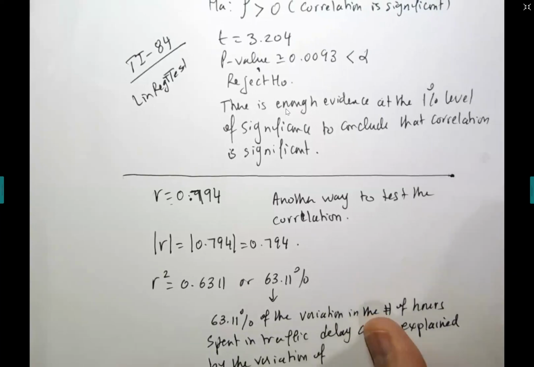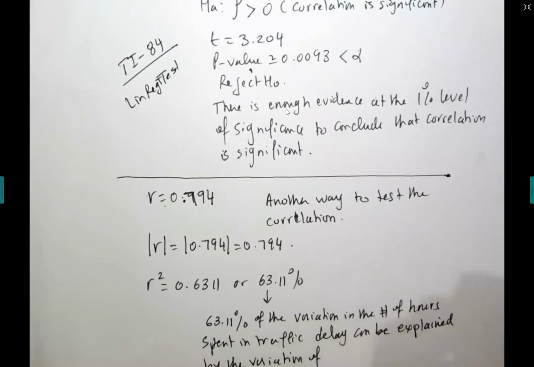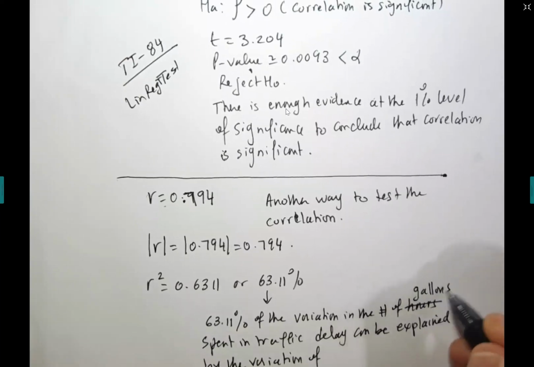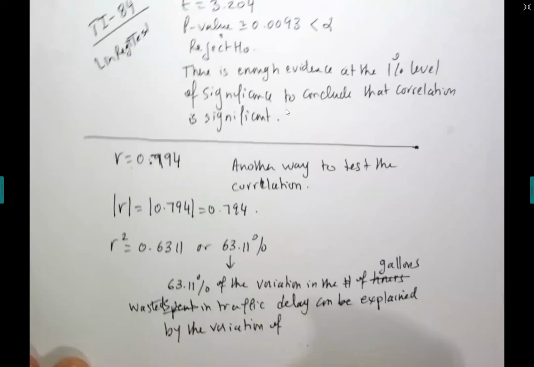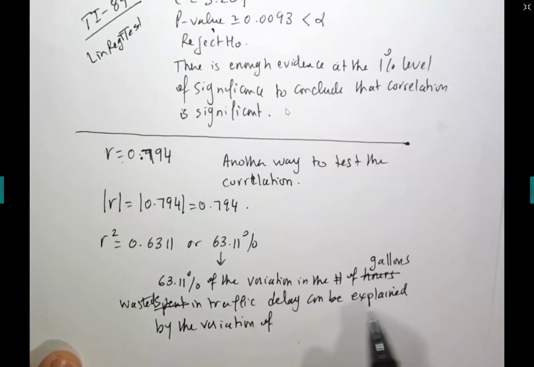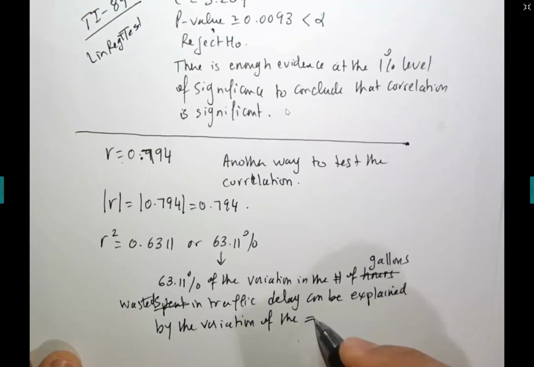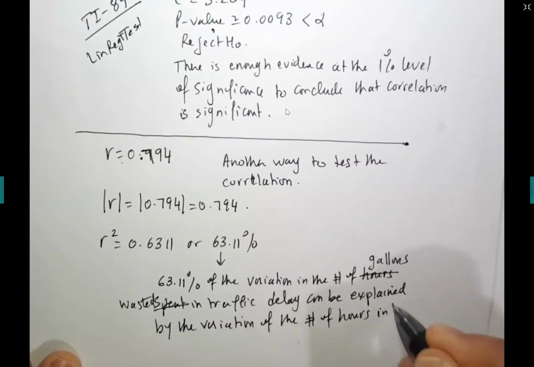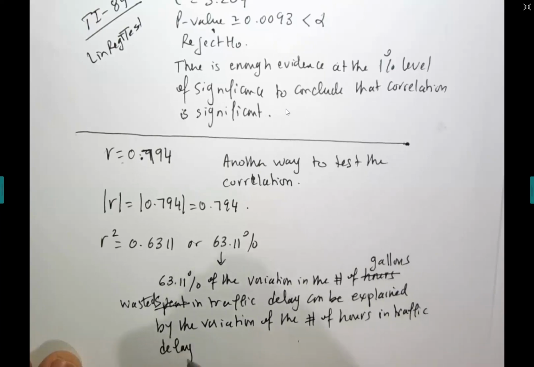Let me just double check. Oh, Y is the gallons. So in the number of gallons, sorry, it's the Y variable first, wasted. You waste those gallons. So in the number of gallons wasted in traffic delay can be explained by the variation of the number of hours in traffic delay using the regression line.